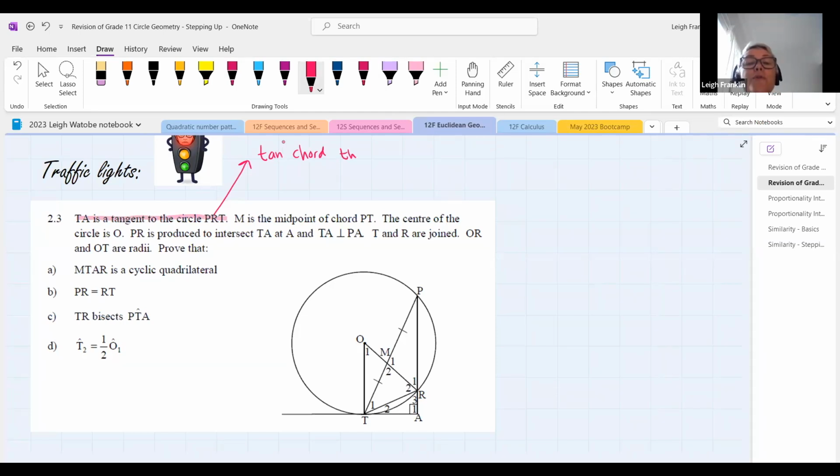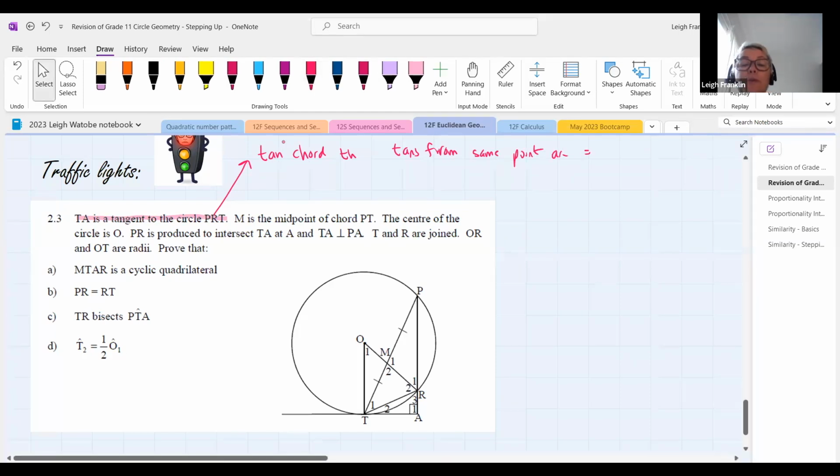Or you could think tangents from the same point are equal. Or you could think about radius perpendicular to tangent. So you read the information and you make the connection to the theorems, because those are the things that are going to help you to get to the answers.